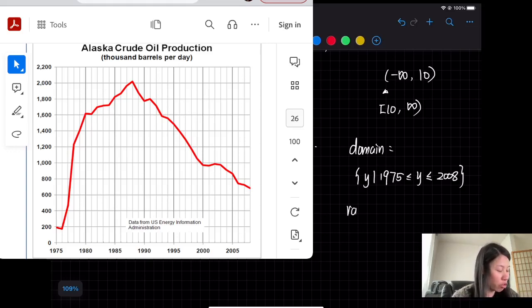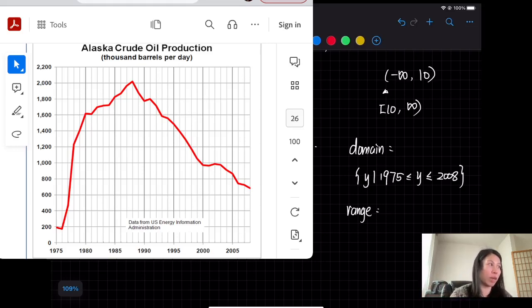So the range, when you look at the vertical axis, it gives you the range. The range is the 1,000 barrel production per day. So it's starting from what? A little bit below 200, right? Because in 1976, it goes down. It's starting with 200, but in the year after 1975, it drops a little bit.